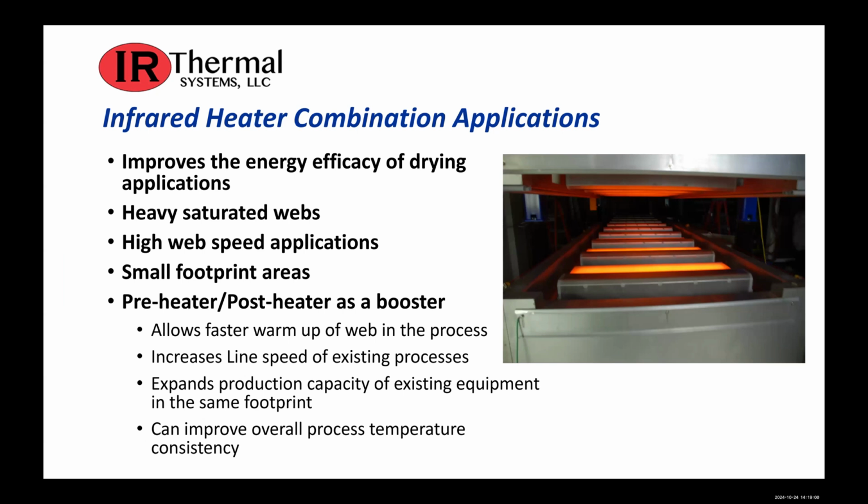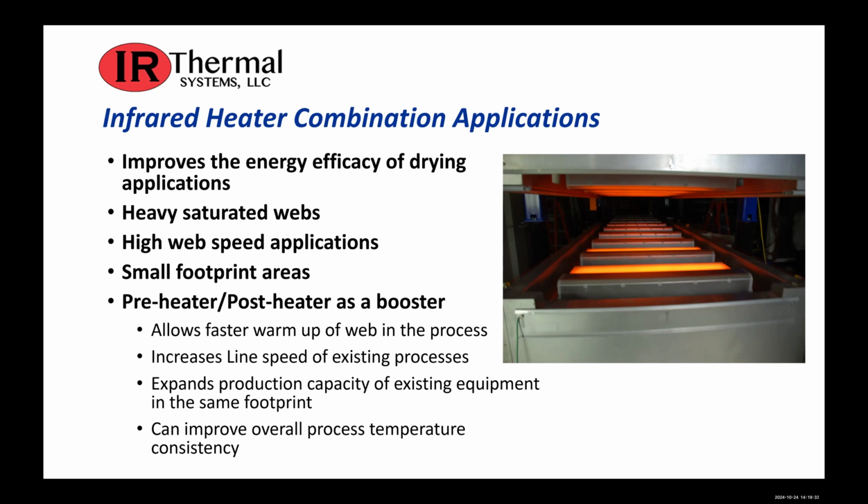The incorporation of IR heating into a traditional convection dryer allows you several things, like it improves the energy efficiency of the overall drying system. It works really well with heavy saturated webs, high-speed applications, or systems where you are required to have a very small footprint, so where high energy input into the web is of the utmost importance.